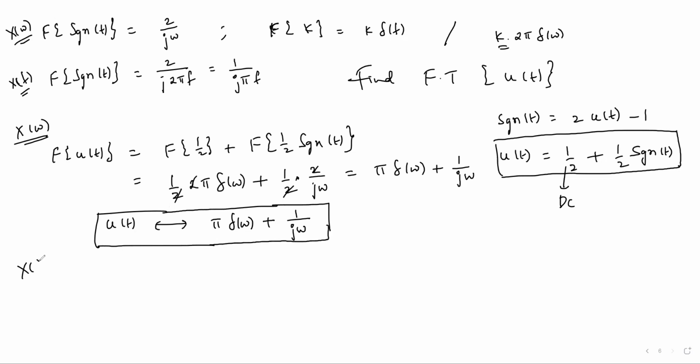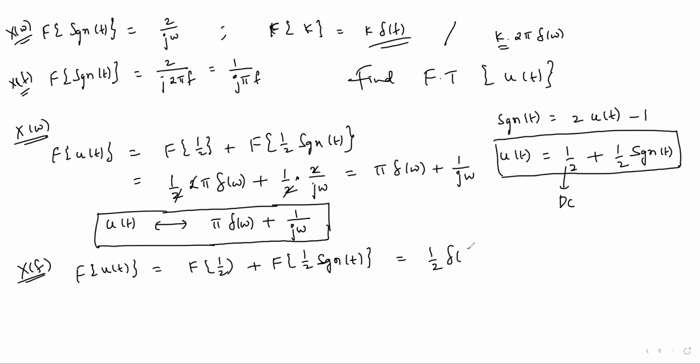Whereas in x of f, we want the Fourier transform in x of f. Take the Fourier transform of u of t, that is the Fourier transform of 1 by 2 plus the Fourier transform of 1 by 2 signum function. The Fourier transform of 1 by 2 in f analysis, k del of f, it means 1 by 2 del of f, plus 1 by 2 times the Fourier transform of signum function, 1 by j pi f.